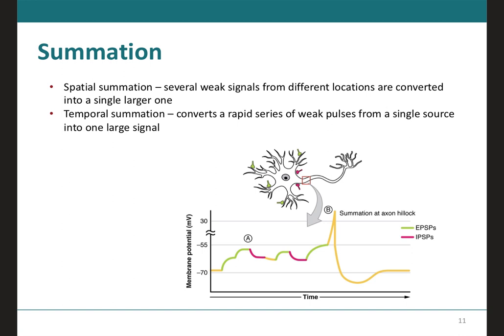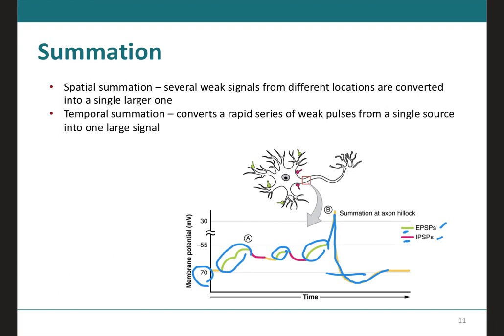So here we have an example of an excitatory response and an inhibitory response. Excitatory in green, inhibitory in pink. Notice how the excitatory sort of wins over the inhibitory, and at the end you have an action potential. Or the membrane can actually be hyperpolarized and go below minus 70 millivolts.